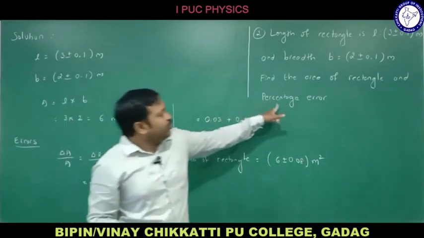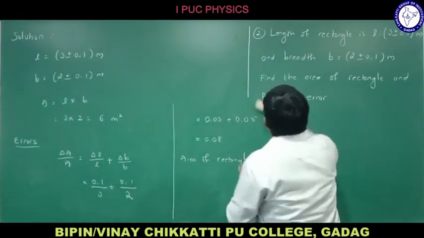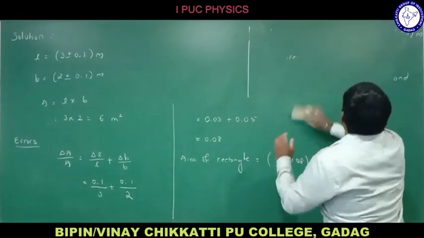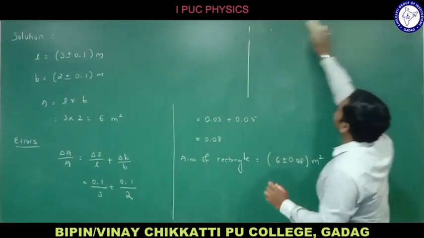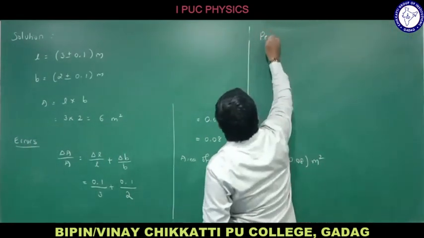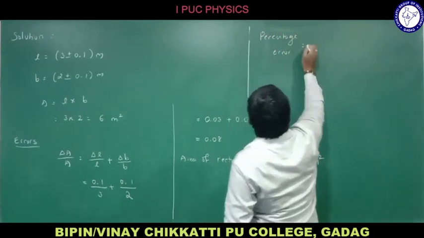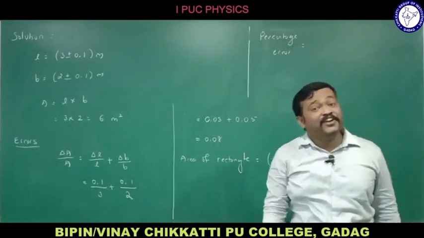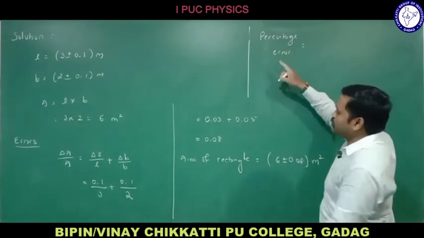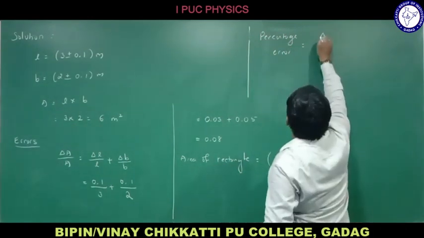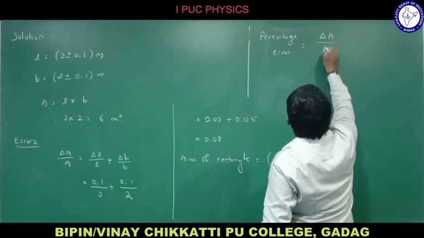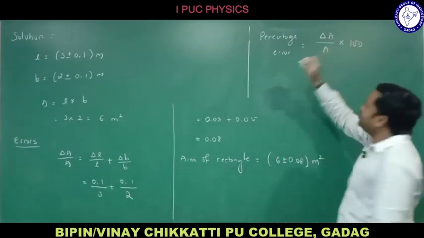Now we will be calculating what is the percentage error. You know how to calculate percentage error. The formula for percentage error is percentage error, that is equal to relative error into 100. Right. So what is percentage error of what now here? Area. That is relative error. So how do you write? Delta A by A into what we say here? 100.